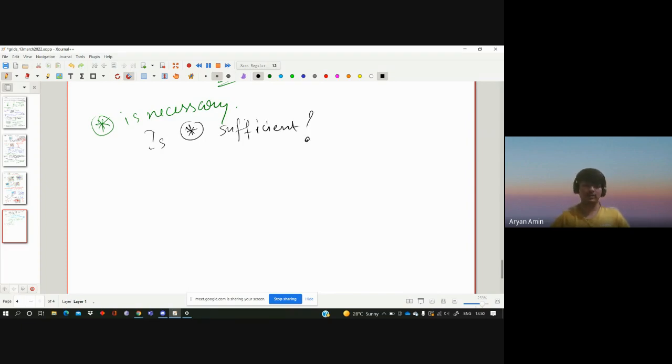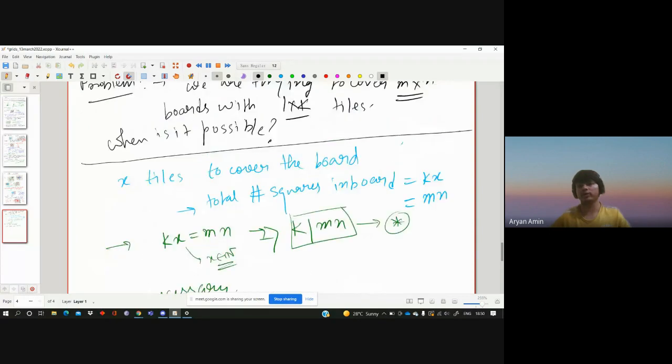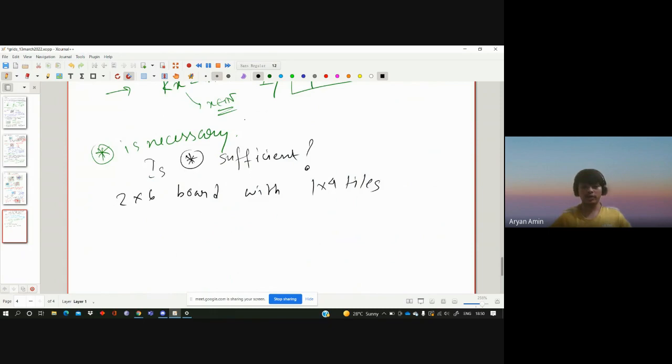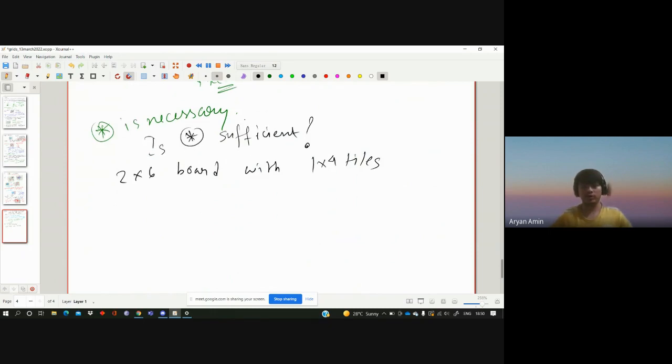Let's look at an example. Can you tile a 2 cross 6 board with 1 cross 4 tiles? When I say 1 cross 4, they can be rotated. So 1 cross k and k cross 1, you can use the tiles both like this and like this. So can you cover a 2 cross 6 with 1 cross 4?